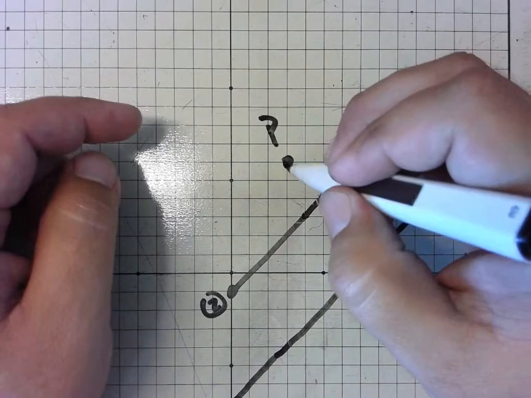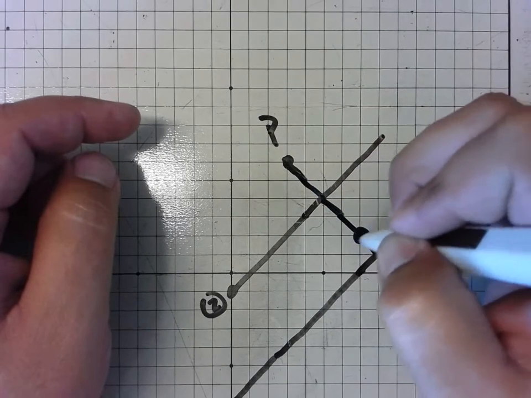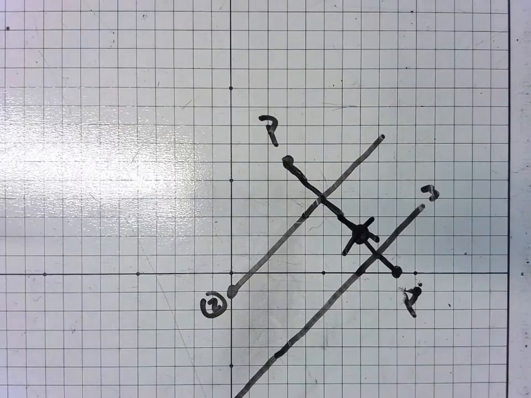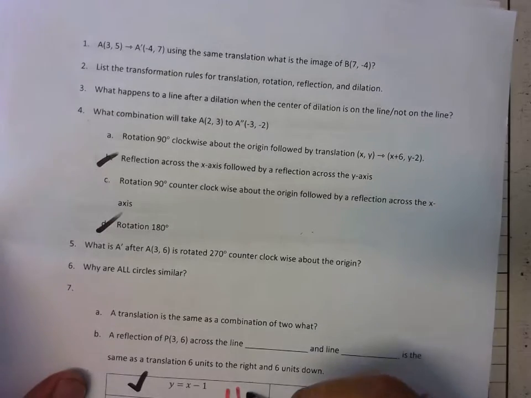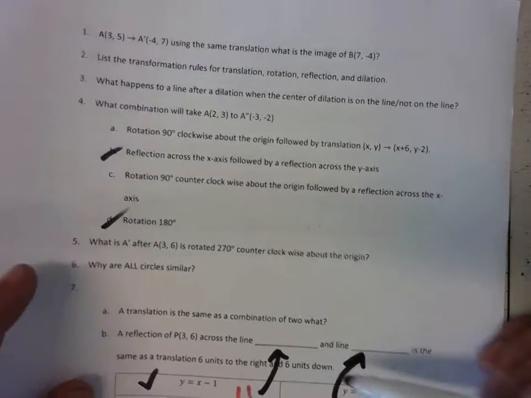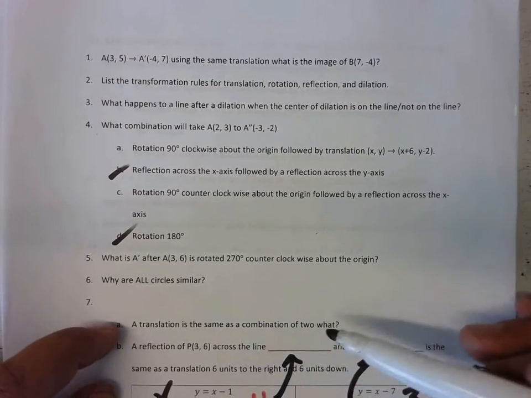If I go to the second line, you're 2 whole squares away. If you go 2 whole squares the other way, you're on that line. That's exactly where you needed to be. So this answer is going in that blank. This answer is going in that blank. And you have another blank that deals with this. Translation is a combination of reflections over parallel lines.